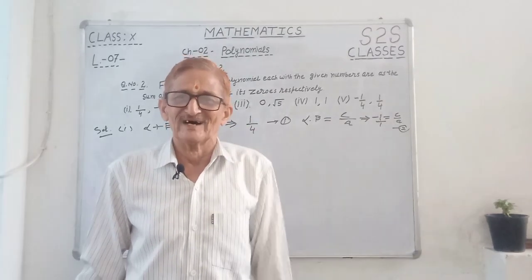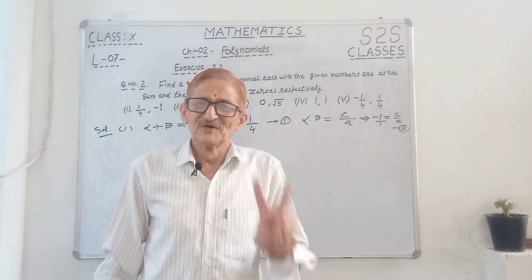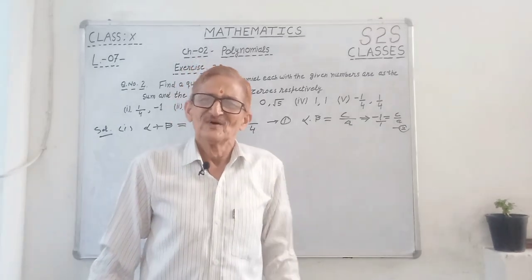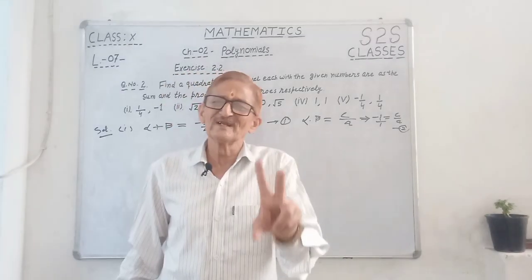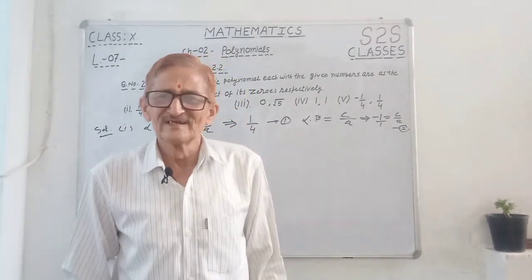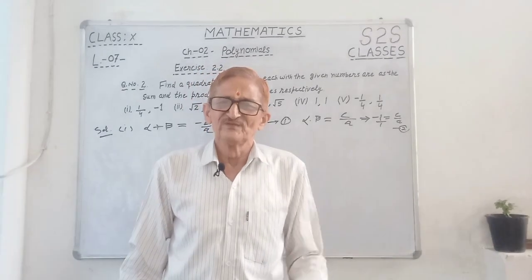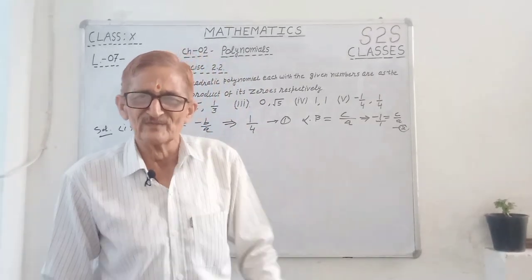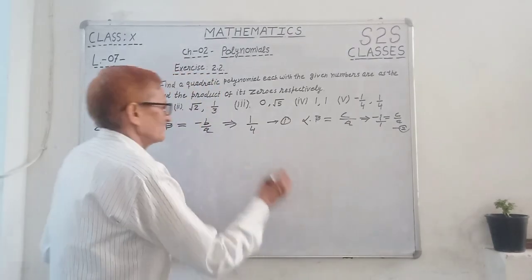The LCM of those numbers. To make them equal we take their lowest common multiple. So we take the LCM of 1 and 4.